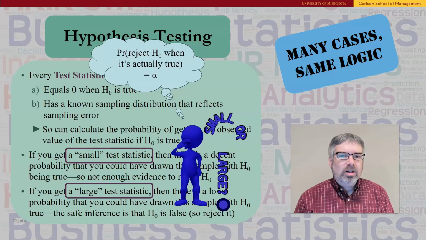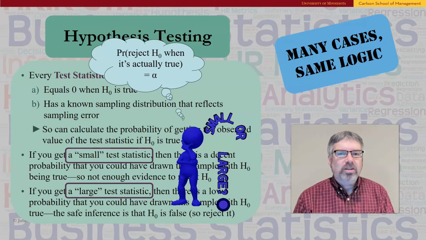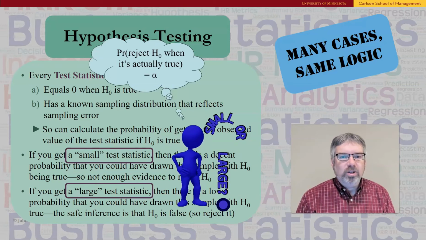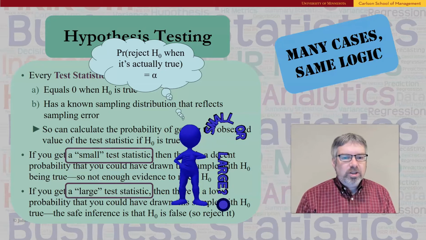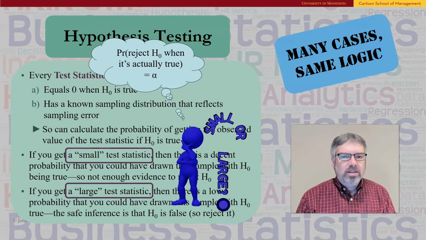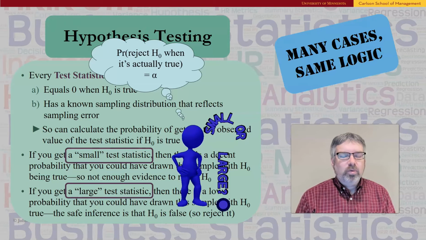It's typical under hypothesis testing to want to keep that error fairly small. So the most standard value would be 5%, only having a 5% chance of rejecting the null hypothesis when it's actually true. So the difference between a small test statistic and a large test statistic is the probability of getting a type 1 error.